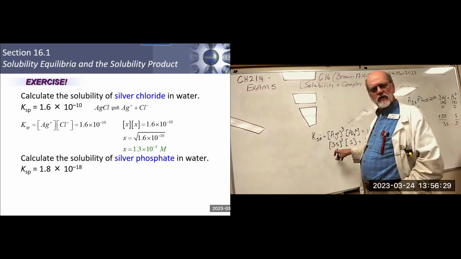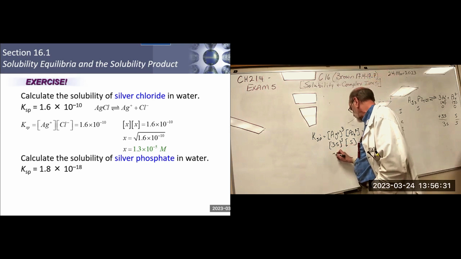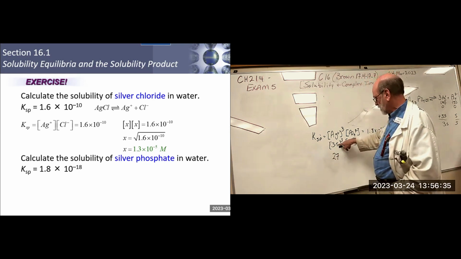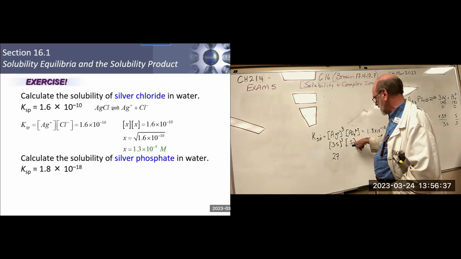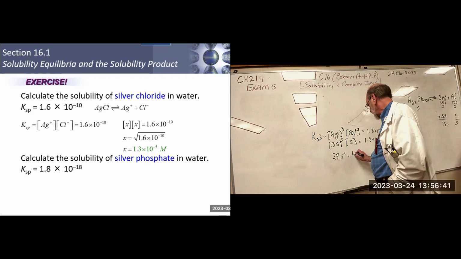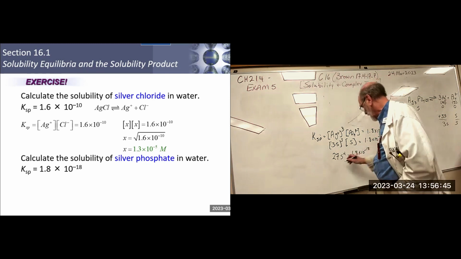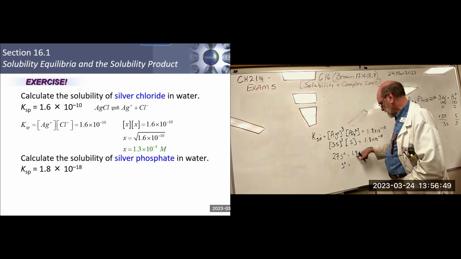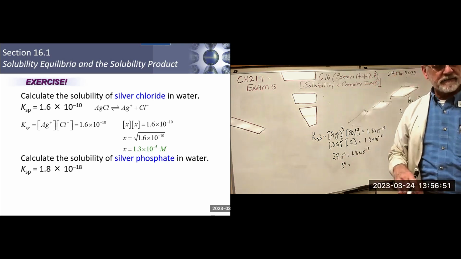Now we just need to resolve this and solve for S. All right, 3 cubed is 27 times 1, and then S cubed and S to the first power is S to the 4th power, equal to 1.8 times 10 to the minus 18. Okay, so S to the 4th is equal to this number divided by 27.